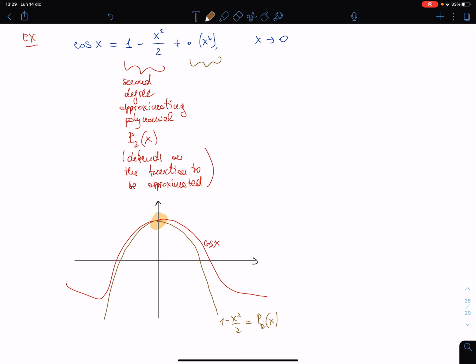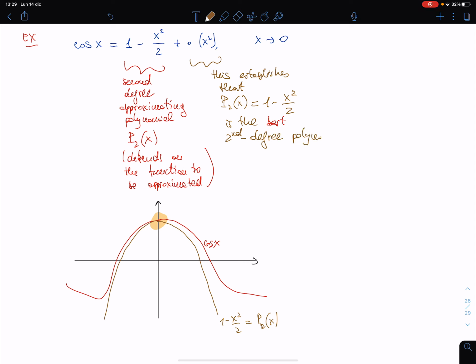So this establishes that the polynomial P2 of x, which in this case is 1 minus x squared over 2, is the best, again, the best second degree polynomial that approximates the function cosine of x near the origin.